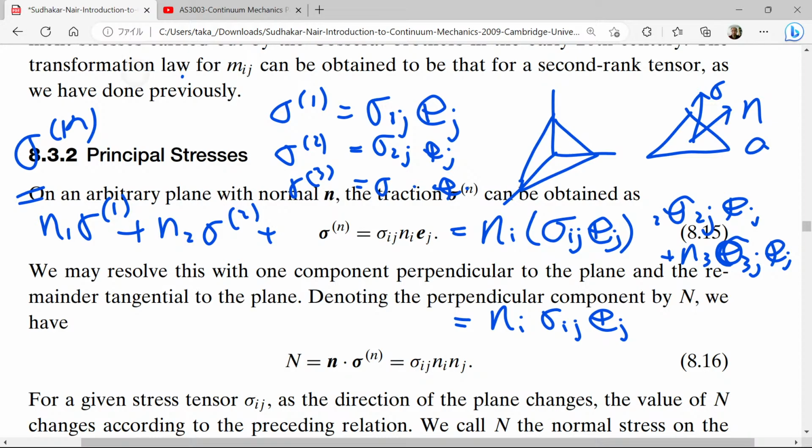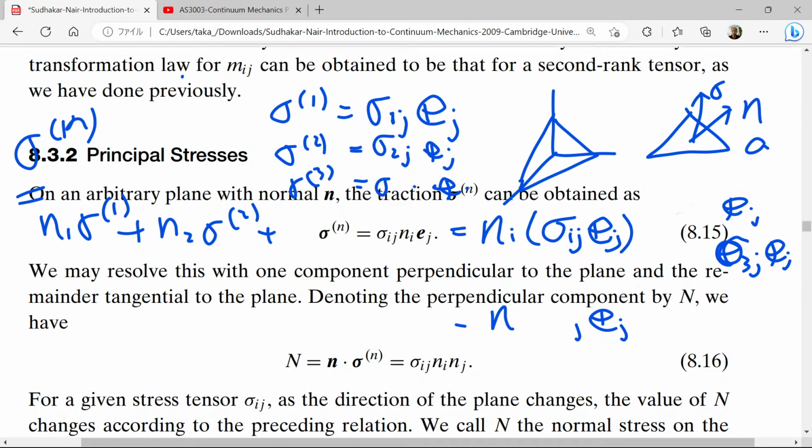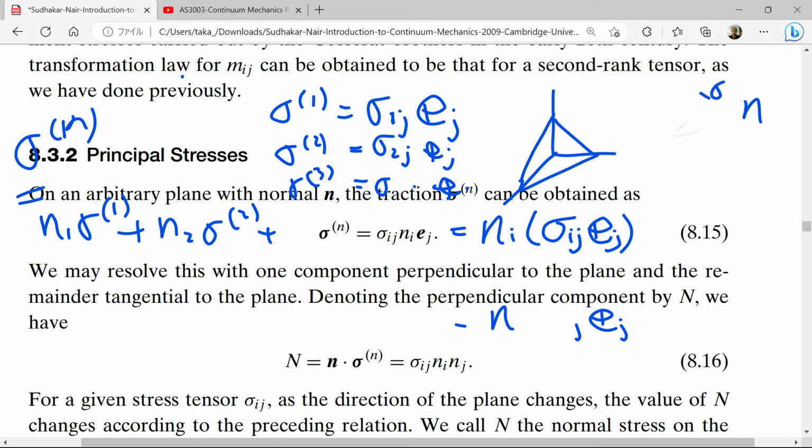We may resolve this with one component perpendicular to the plane and the remainder tangential to the plane. One component perpendicular to the plane.